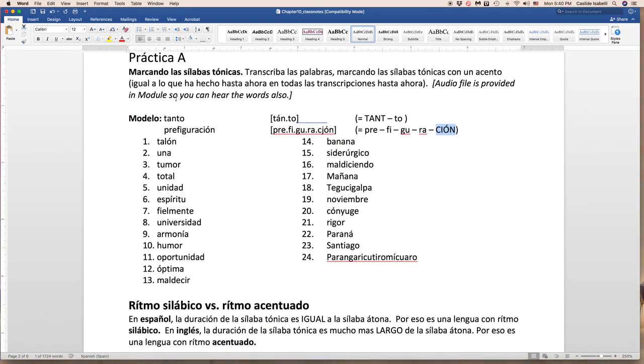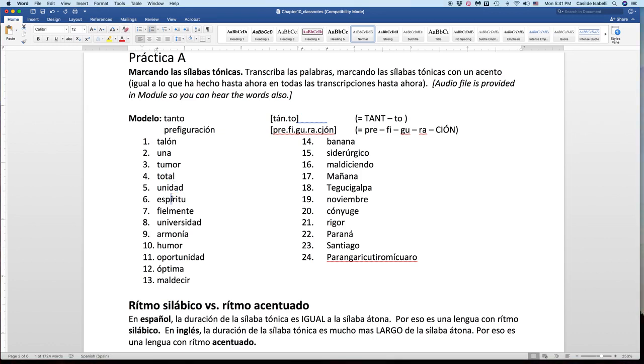And what you have to do here when you're saying these words is either look at where the written accent is, talón, making it aguda. If it's not there, make sure you follow the rules. A word ending with a vowel makes it a llana, una. A word ending with a consonant is aguda, tumor, total, unidad.